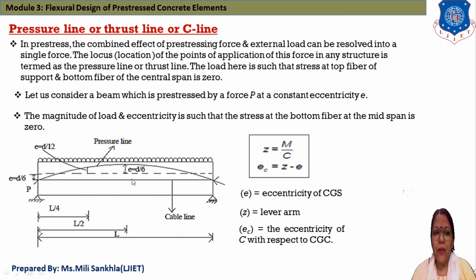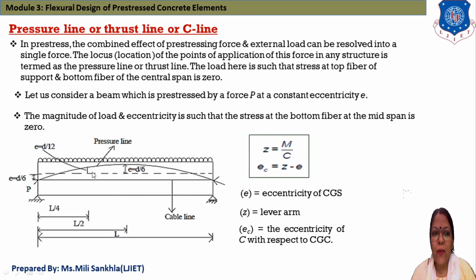Now what happened here: at the center, our total distance is equal to L, half of the distance is equal to L by 2, and the quarter distance is equal to L by 4. Now this is deflection in the upward direction because of this pre-stressing force. This member is deflected in the up direction, and from this neutral axis this distance is e, e is equal to D by 6, and from this axis this distance at support is equal to D by 6.